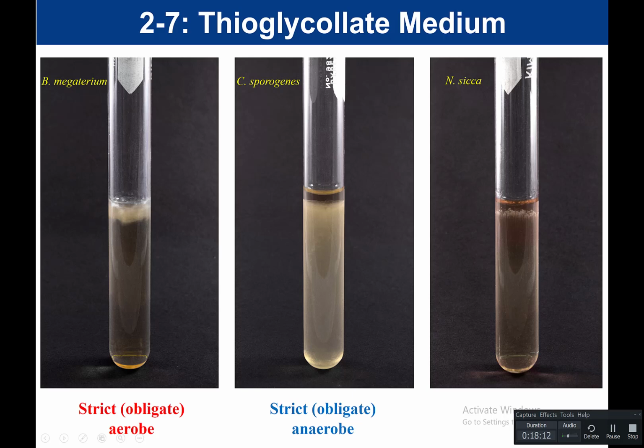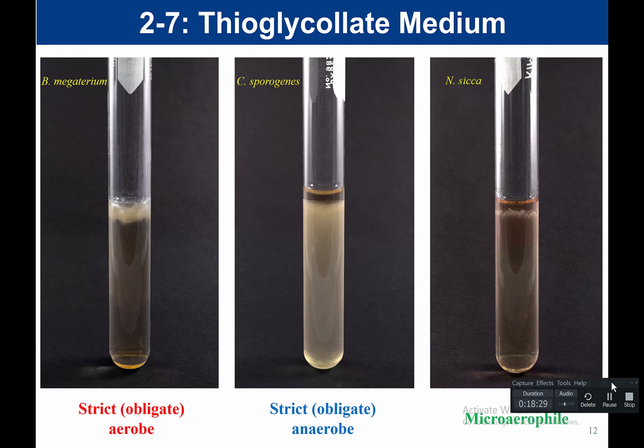This organism is a strict or obligate anaerobe. It's only growing in the anaerobic portion. And then lastly, we have our Neisseria sicca, which is just another species of Neisseria. This, remember, is going to be a microaerophile. And our microaerophile is going to grow where oxygen concentrations are low.